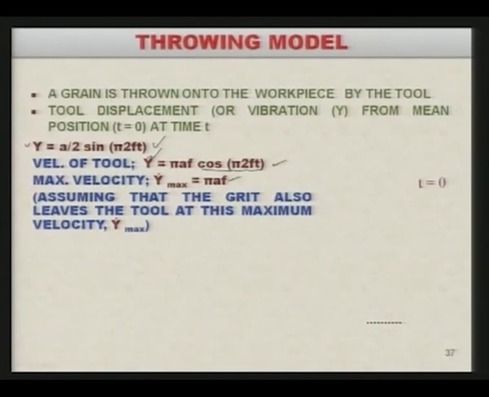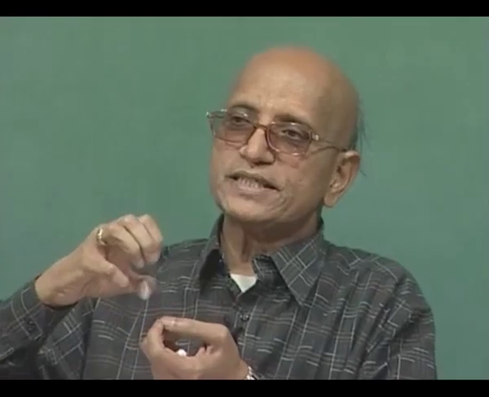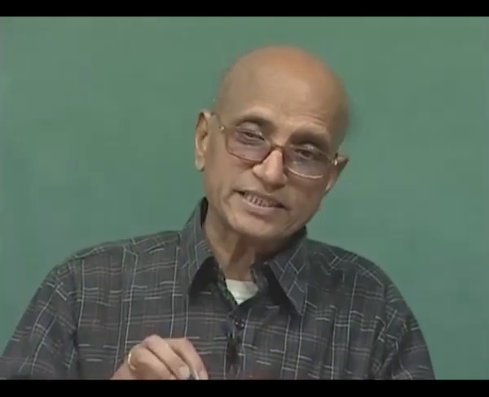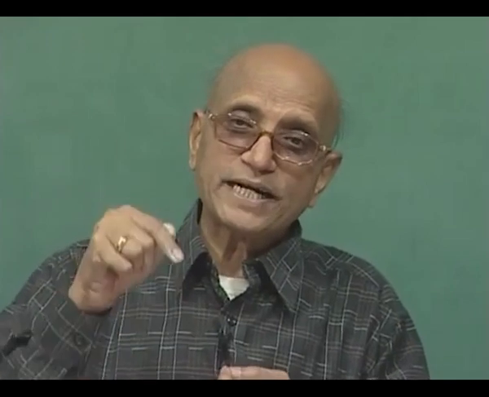It is assumed that with whatever velocity the tool is moving downward, with the same velocity the abrasive particle is also moving towards the workpiece. However, it is not very true, it is not realistic, because when an abrasive particle moves through the slurry, it will hit other abrasive particles, it will pass through the carrying medium, that is water in this particular case.